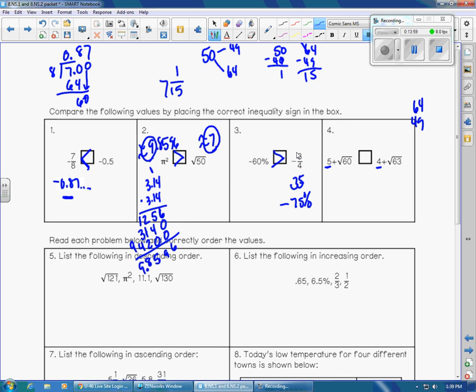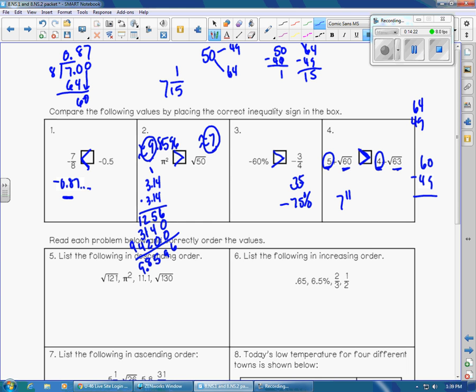So 7 plus 5 is going to be greater than 7 plus 4. So I can tell without even finishing this whole problem, because of those numbers out in front, and because these are so close together that they have the same whole number. So this one's 7 and, let's see, 60 minus 49. It's going to be 11.